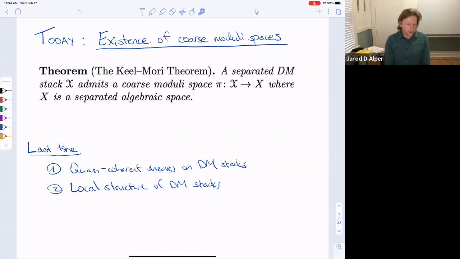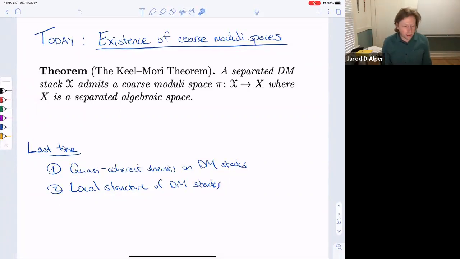And then we're going to use this today with the goal of establishing what's known as the Keel-Mori Theorem, which I have up here: any separated Deligne-Mumford stack admits a coarse moduli space X, where X is a separated algebraic space. So we need to define what this means, and we'll do that today, and we'll prove the theorem.